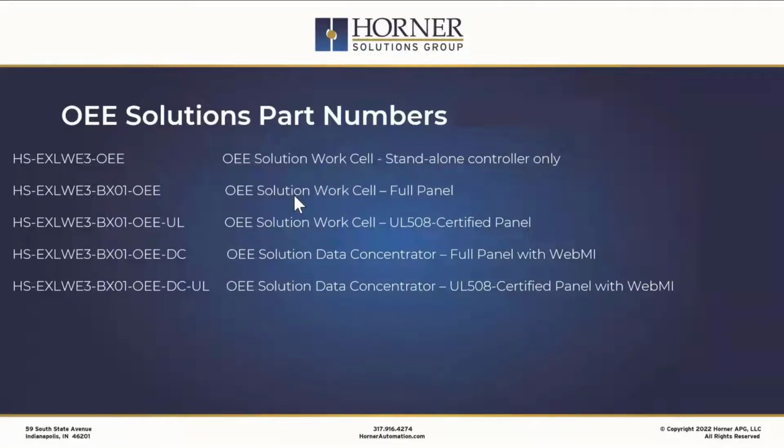The one below that is the UL 508 panel, so that'll be the metal enclosure version. The two at the very bottom are a non-UL and a UL version of the data concentrator pieces. In a typical plant application, one might need one data concentrator and then several of the work cells to fill out how many working applications you want to tie this to.